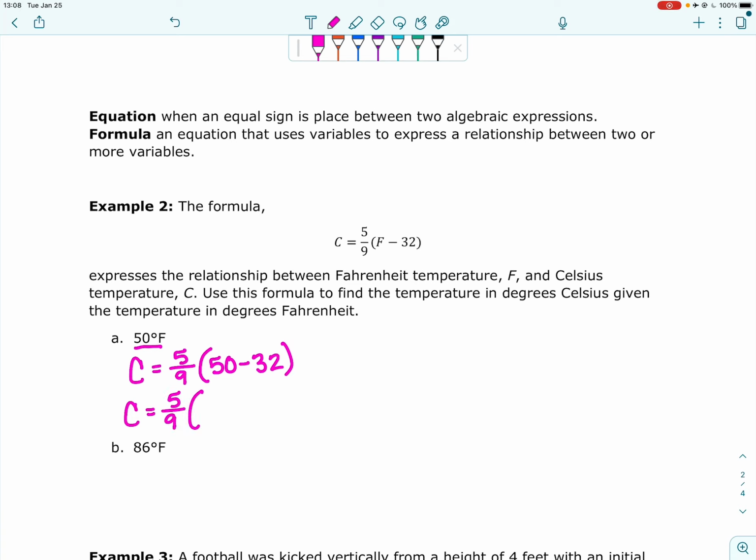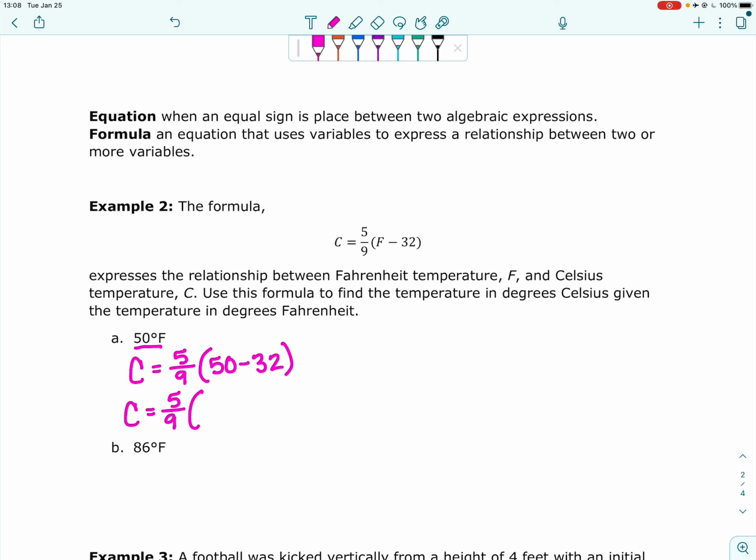So then what happens is I get an answer of exactly 10 degrees Celsius. If I didn't do 5 over 9 and get that really long decimal and then times the 18, if I rounded that 0.5555555, it would be like 9.9999999, which would round to 10.